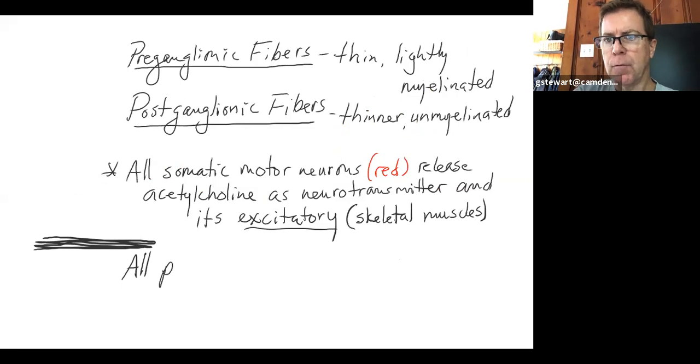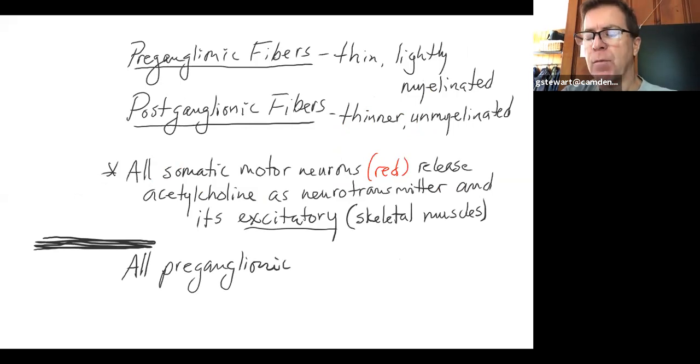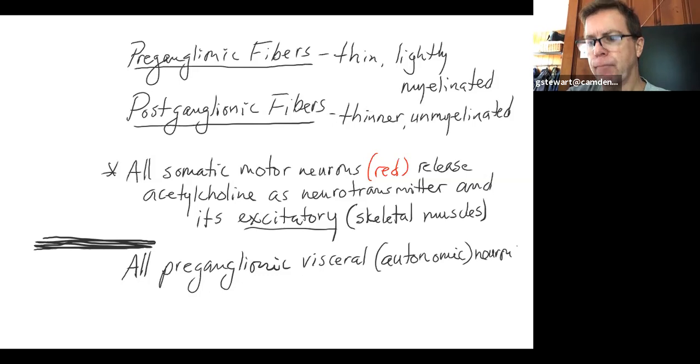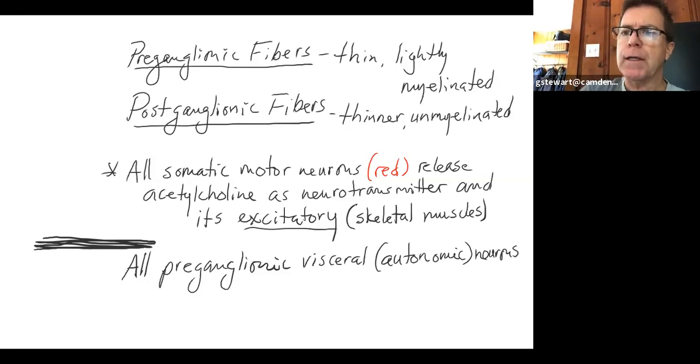All preganglionic visceral motor neurons, I'll write autonomic to help you with the language, secrete, these are motor neurons, remember, that just means they're going away from the central nervous system.